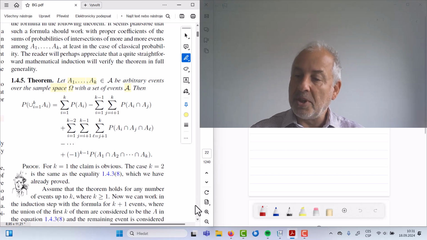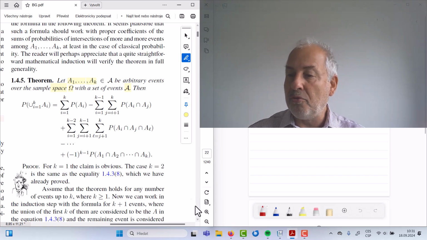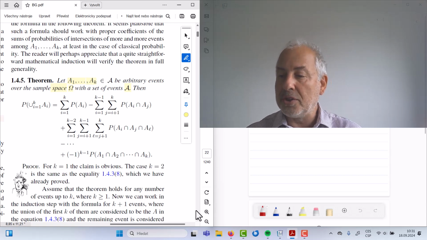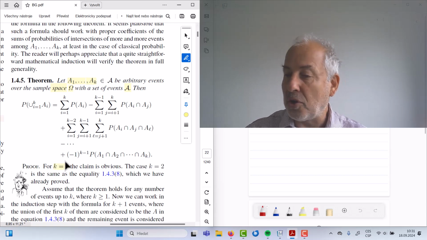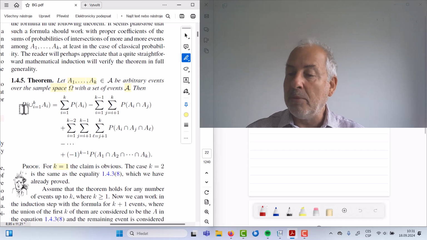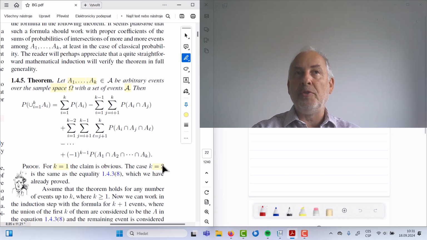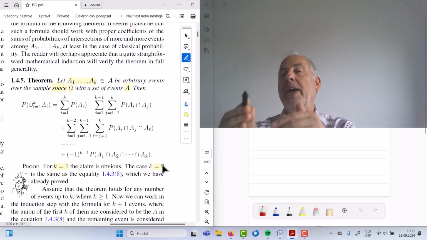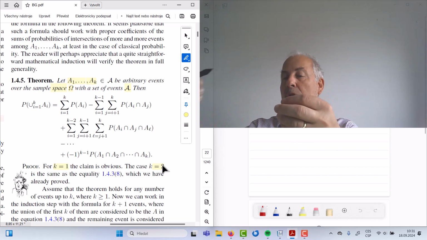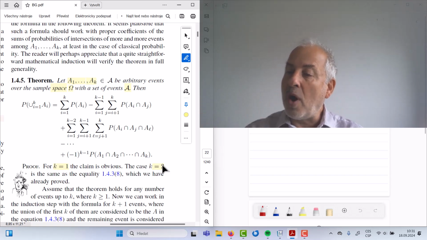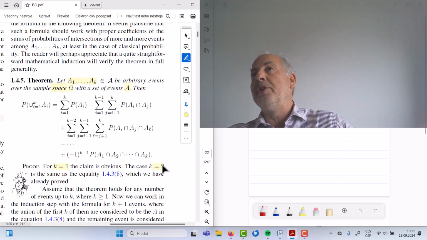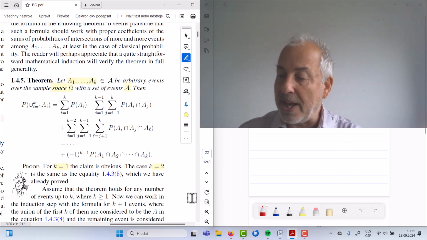And now the nice thing is that it's easy to prove. Actually it's an induction procedure, so we know it's true for k equals 1, it's obvious, it's an empty claim. For k equals 2 we have proved it already. So let's assume we know it for all k from 1 to some fixed k, and the goal is to prove it for k plus 1. And then by this argument it holds true for all the natural numbers, and that's what the theorem says.